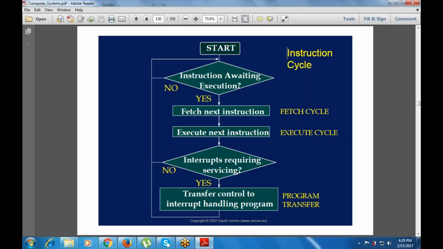Then check whether an interrupt requires service. If yes, transfer control to the interrupt handling program.